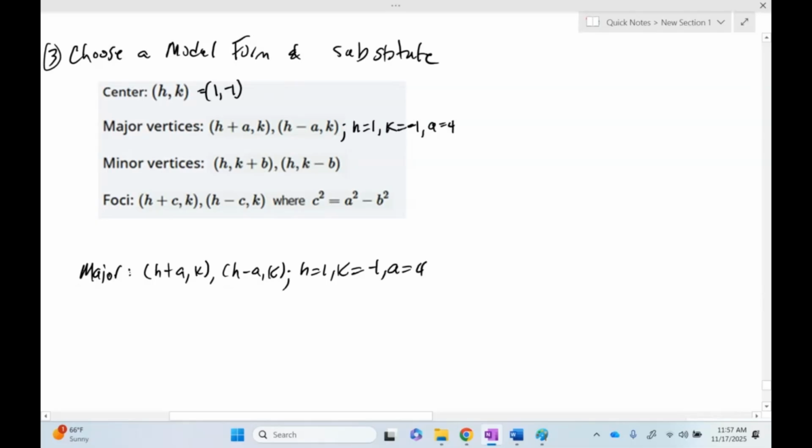So here we have h plus a, that's 1 plus 4, comma k, which is -1. And then we have h minus a, so 1 minus 4, comma -1.